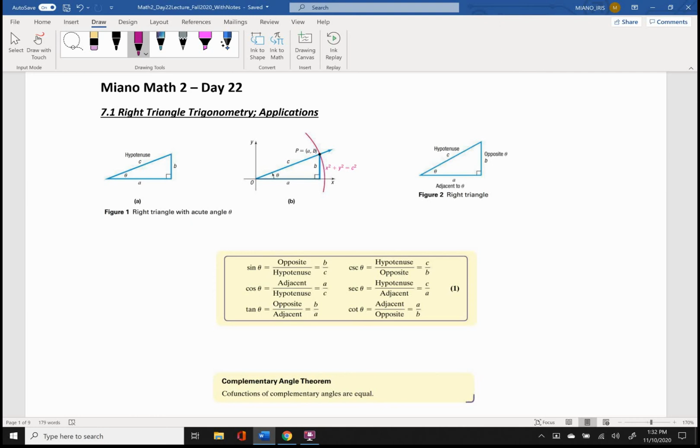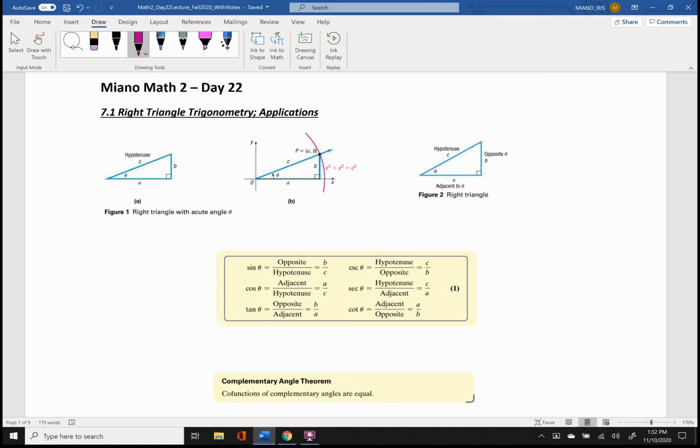So we just want to use our common sense associated with the definition of the terms opposite and adjacent, and recognize what those distances are for the legs when the location of theta is known to us. And the hypotenuse is always just the longest side.